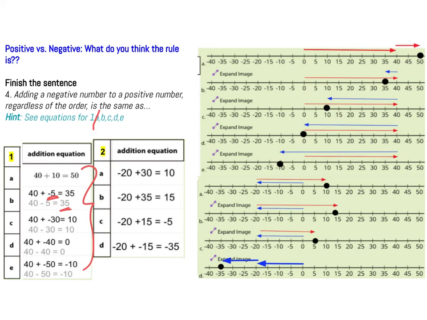So adding a negative number to the positive number was like subtraction. Part D, you ended up getting the same answers, and part E, you ended up getting the same answers. So adding a negative number to a positive number, regardless of the order, is the same as subtracting.